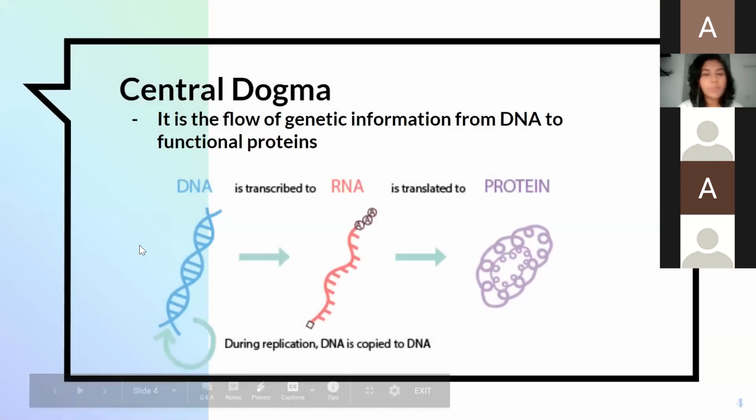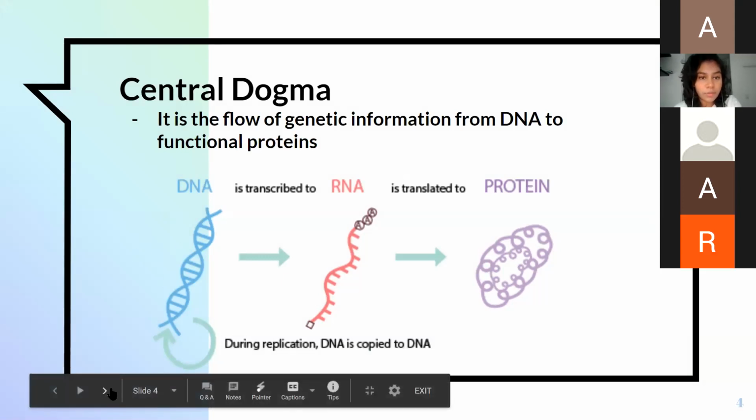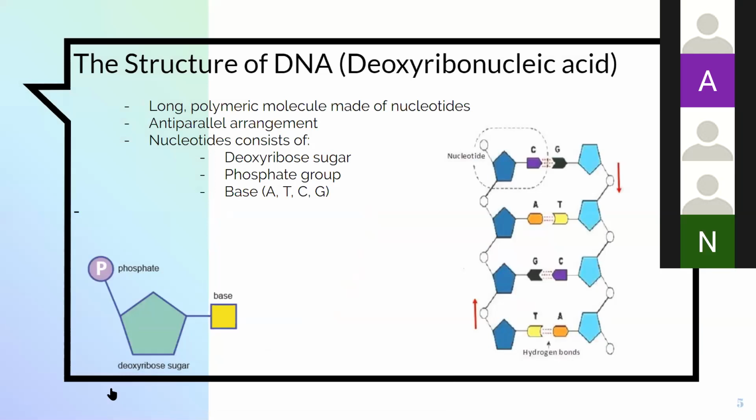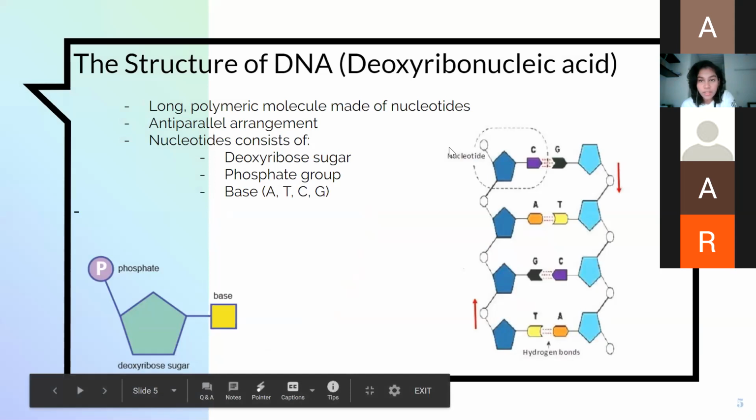Central dogma is essentially the flow of genetic information from DNA to functional proteins. It's how your DNA is used to make all the proteins in your body for life. We'll start with the simple structure of DNA. DNA is comprised of deoxyribonucleic acid, which is this whole section right here.